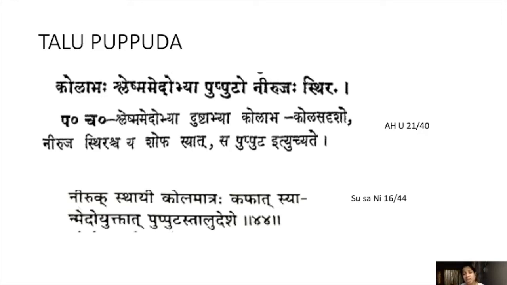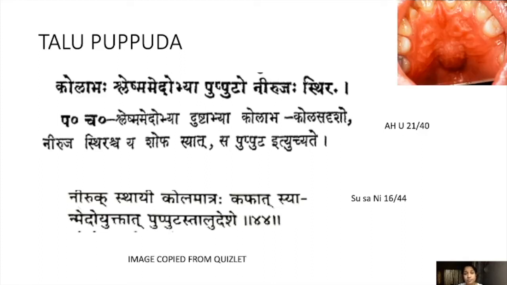Ashtanga Hridaya and Susruta Samhita give the same explanation. Kola Matram, the doshas are Sleshma and Medas, and it will be Stira and Nirujaha. There won't be any pain. That is known as Talu Puppuda, and you can compare this with fibroma or any cystic swelling of the palate.